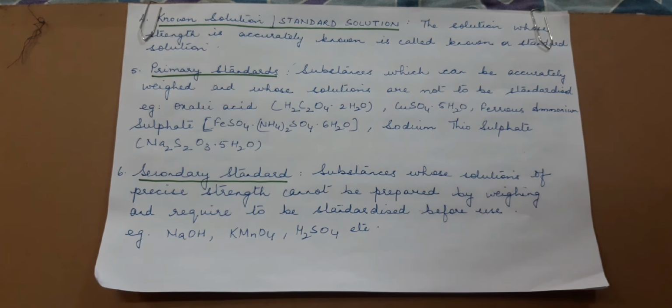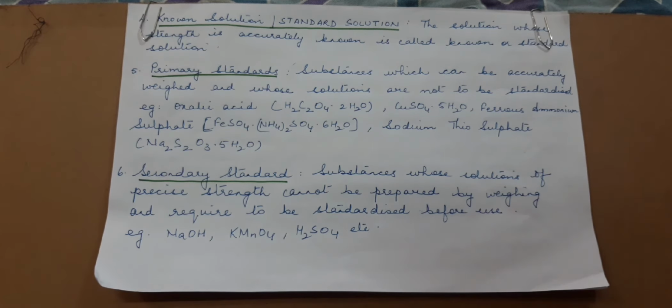If I need copper sulfate, I take a weighing watch glass and weigh exactly 10 or 20 or whatever amount I require. Then I dissolve it in whatever amount of solvent I require, and I get a standard solution whose strength I know. 20 grams of copper sulfate in 250 ml of water: if I am weighing 20 grams, it would be 20 grams only. Similarly, if I weigh 25 grams of oxalic acid, 25 grams would be present in the 250 or 300 ml of water taken.